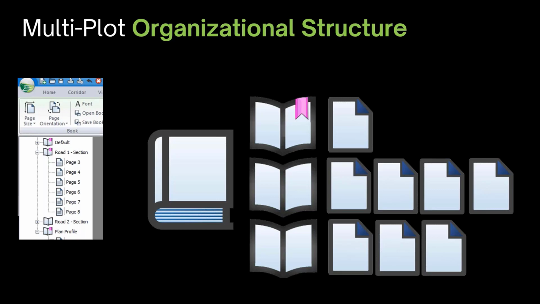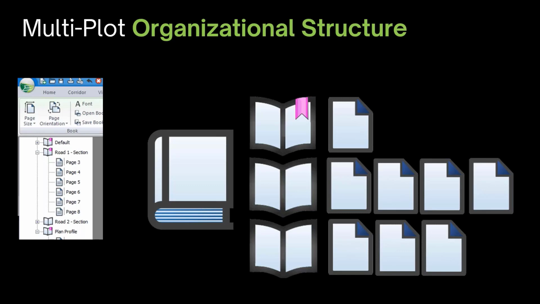Also, new in version 11, you're going to notice that cute little pink bookmark that we've got there on a page. So now these chapters within this organizational structure can actually be designated to specific horizontal alignments. In version 10 and previous versions, if you had a main road and a spur road, for example, you would have to create two different Multiplot books.